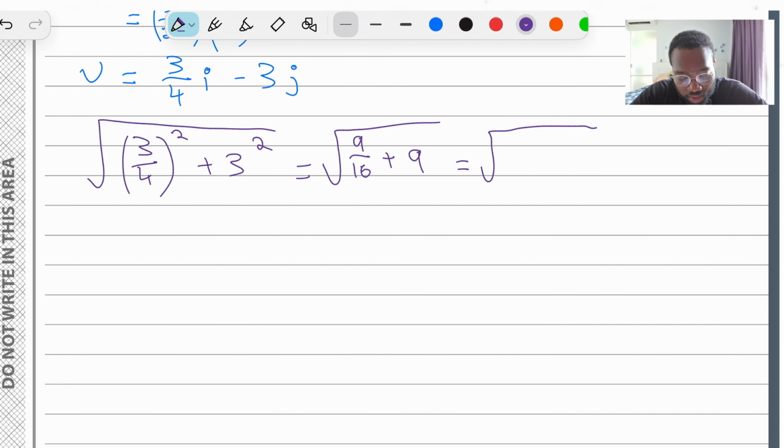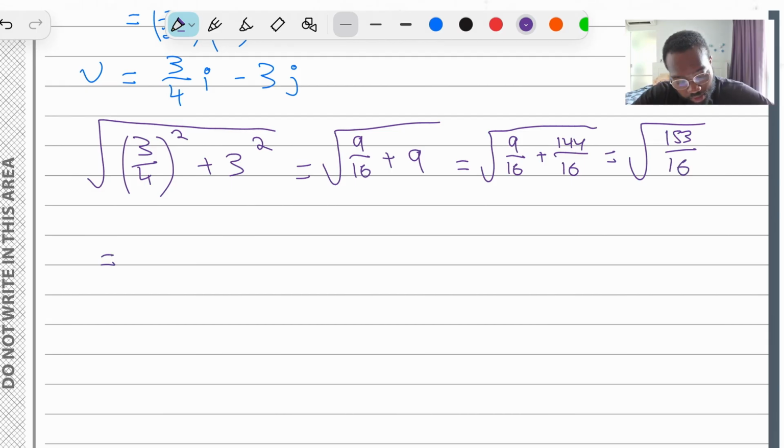We can put everything over the same denominator. We have 9 over 16, and we need to times that 16 by 9, which will give us 144 over 16. And therefore, that will give us the square root of 153 over 16.